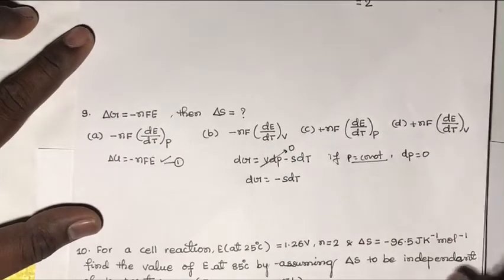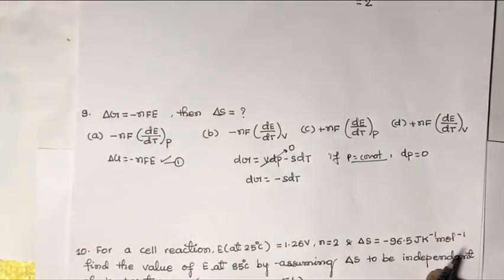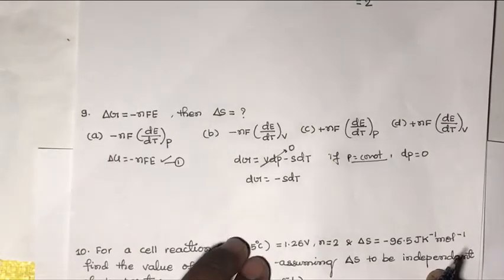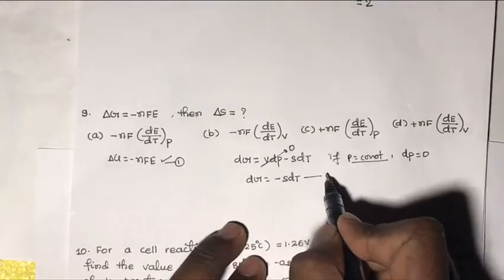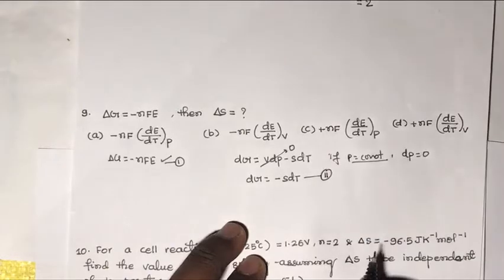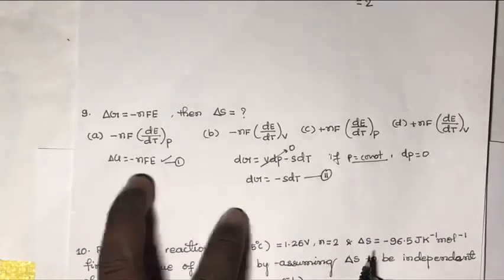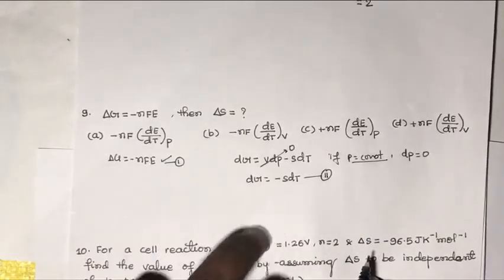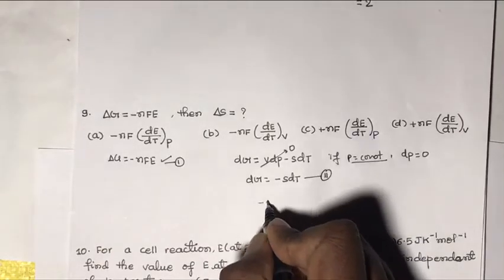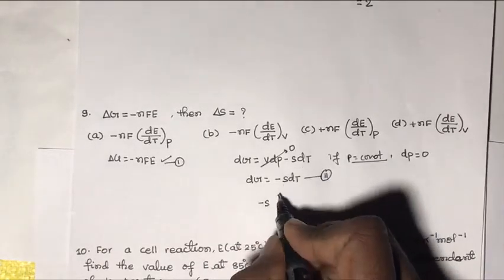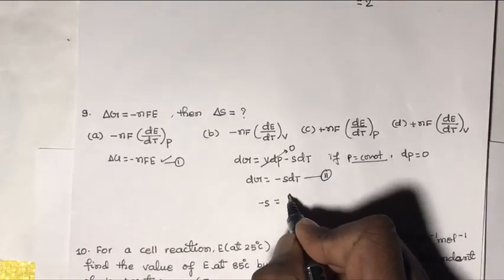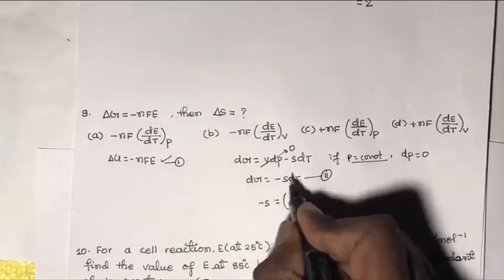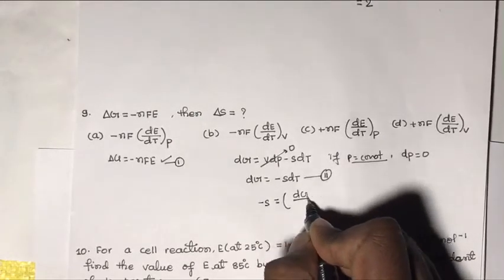Now let this equation be equation number 2, and if we compare these two, then we will get S will be equal to minus dG upon dT.